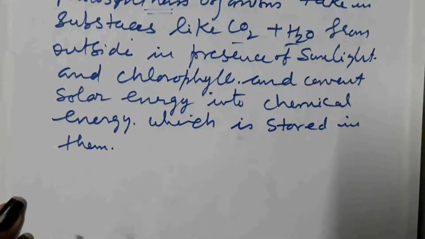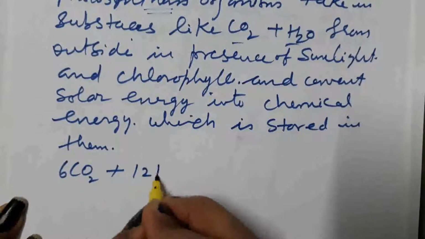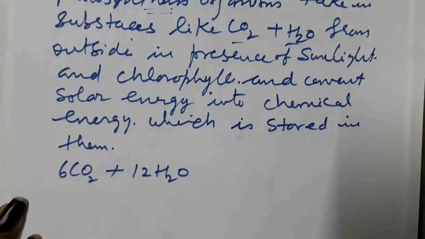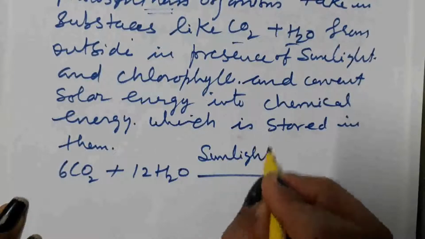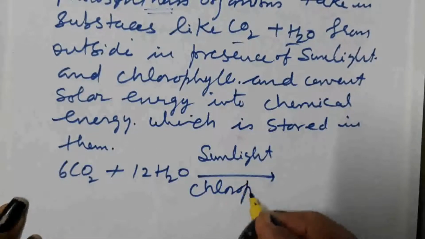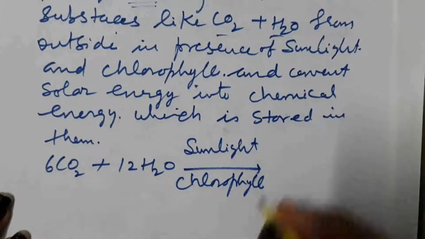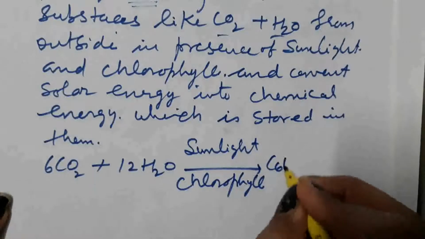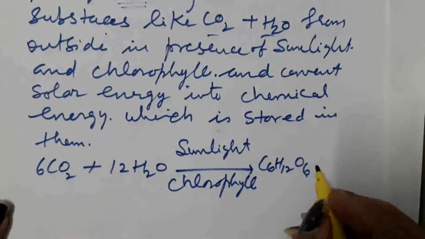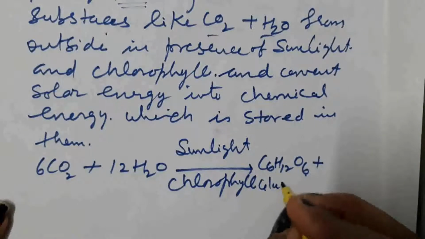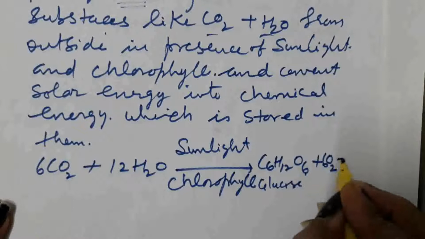So, what is the equation of photosynthesis? Carbon dioxide and water are taken from the outside in the presence of sunlight and chlorophyll. And what is produced in this process? Carbohydrate like glucose is produced in this reaction, and along with this, the byproduct oxygen is produced.